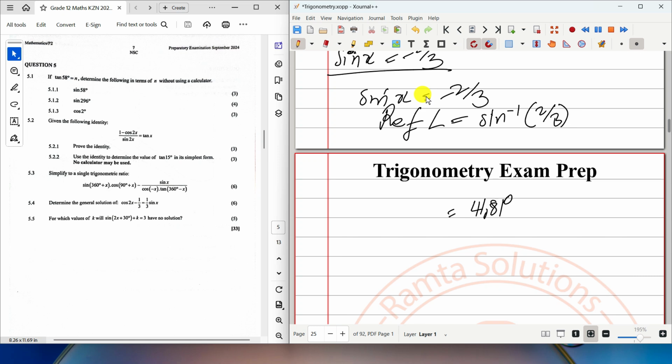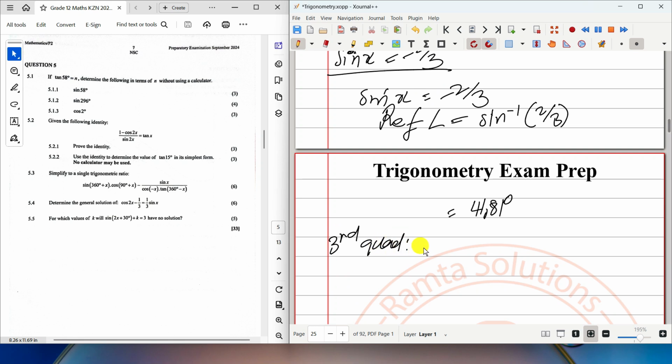So as you can see here, sine is equal to negative 2 over 3. So that means we're looking for a region where sine is negative. Where is that? That is the third quadrant.